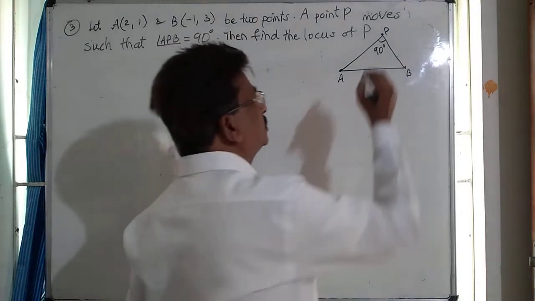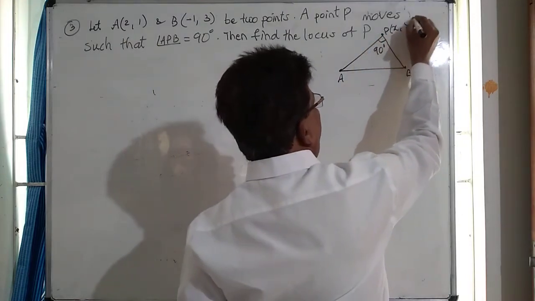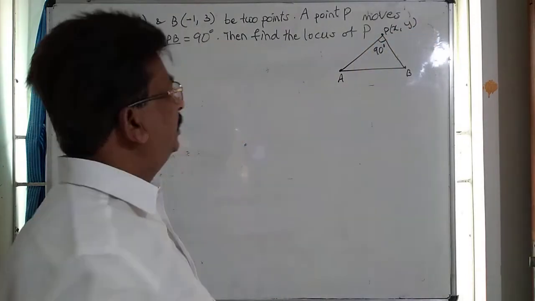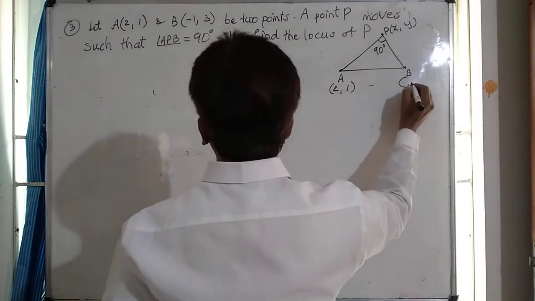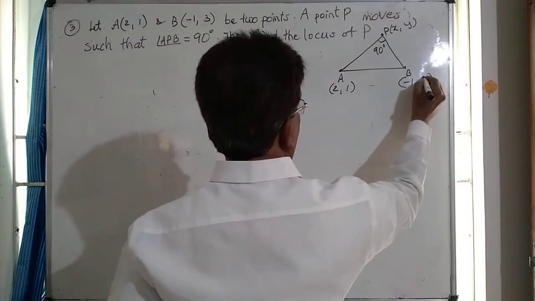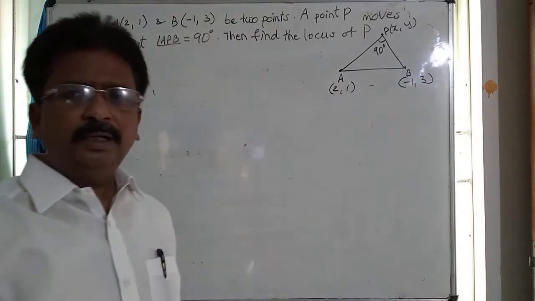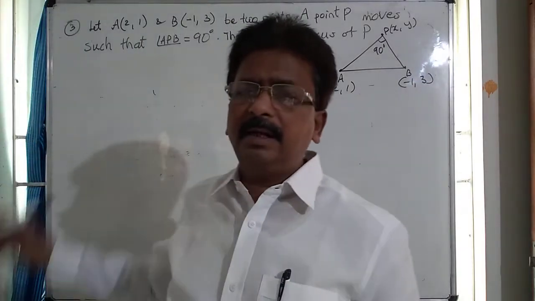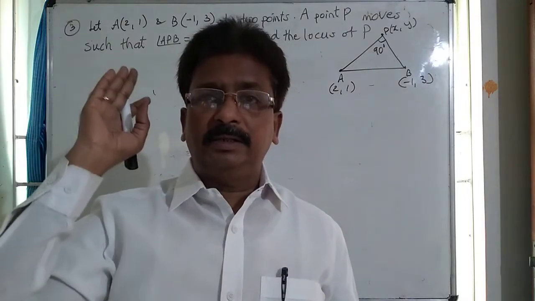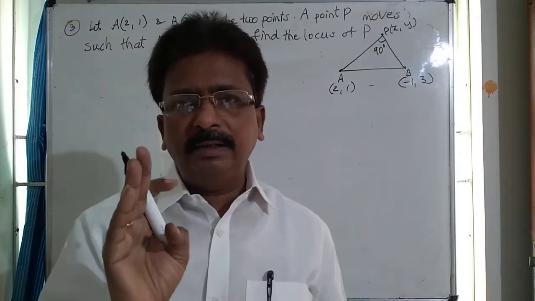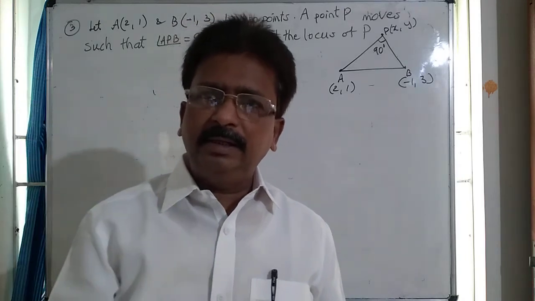Now clearly let us assume the coordinates of P as x comma y, and the A coordinates are given as 2, 1, and B coordinates minus 1 comma 3. Now, the condition is given, but this condition is not useful. We cannot do anything by using this condition. Is there any formula for angle APB is equal to 90 degrees?